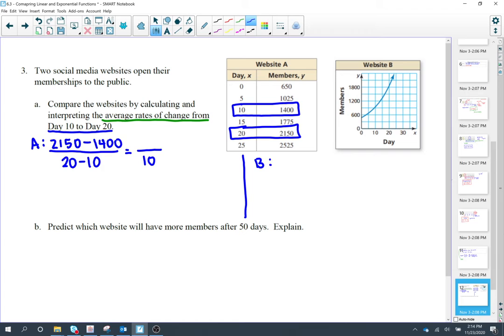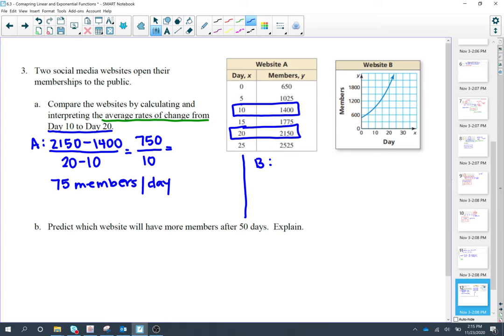Taking 2150 minus 1400, which is 750, over the course of 10 days I went up by 750 members, which is 75 members per day. That's pretty good. You're gaining 75 new members per day.